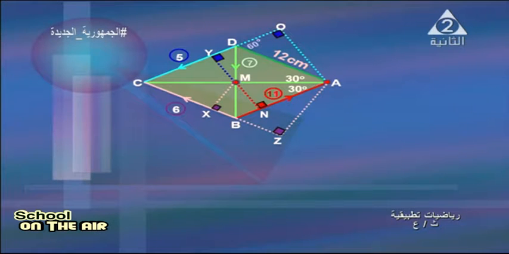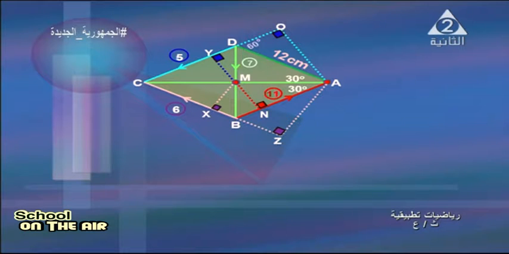Look at ABCD, a rhombus, the green region. Its diagonals AC and BD intersect at point M. We deduce that the side length of the rhombus is 12 centimeters: AB 12, AD 12, CD 12, BC 12. Remember, two diagonals bisect each other.